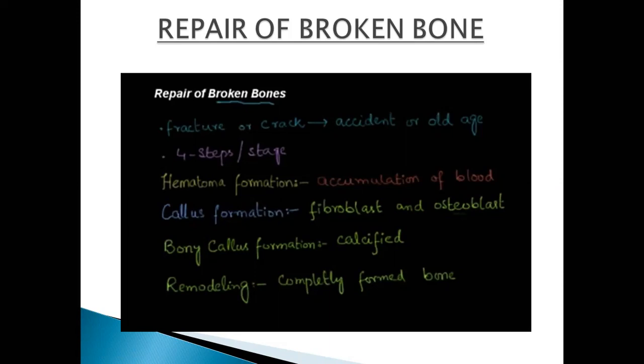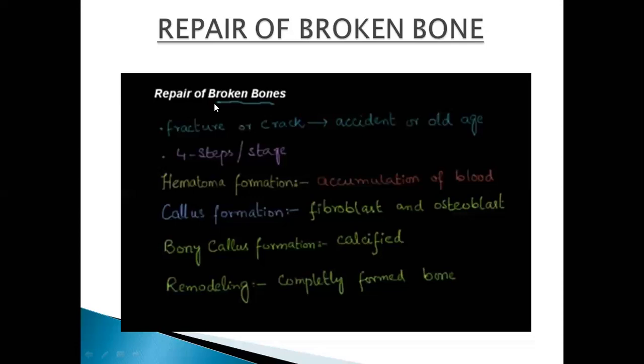The third one is the complicated fracture. In it, the fracture damages the adjacent organs. It is not just damaging the skin or the area where it occurred. Beside this, it is damaging the adjacent organs which are present along with it.